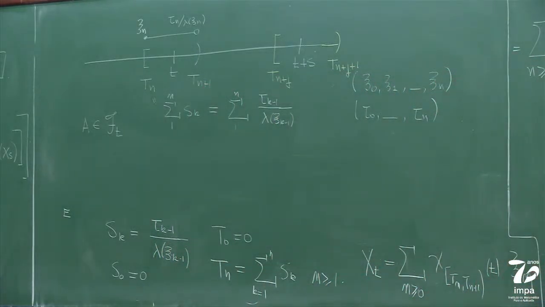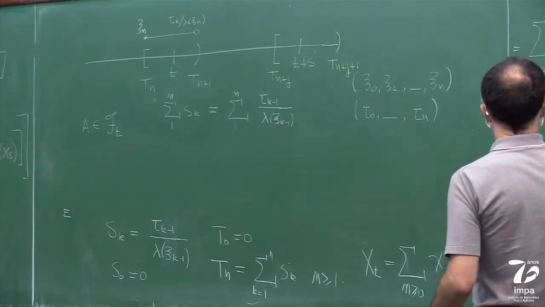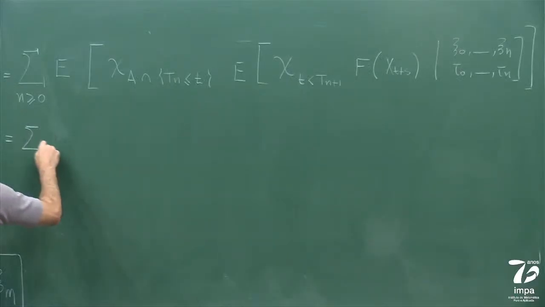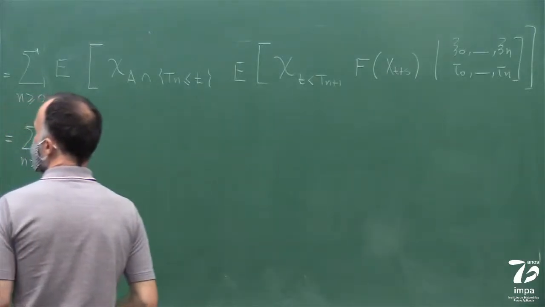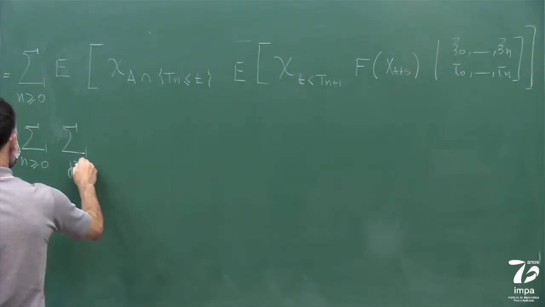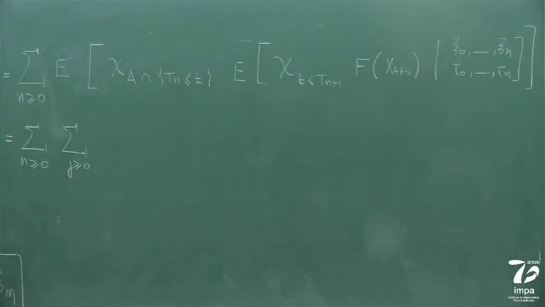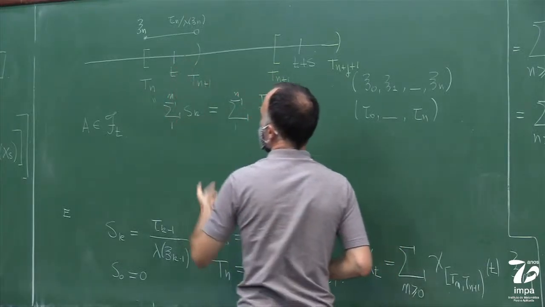So it will be somewhere. So this is equal to the sum for n larger than 0, and then now j larger than 0, because t plus s could be here.